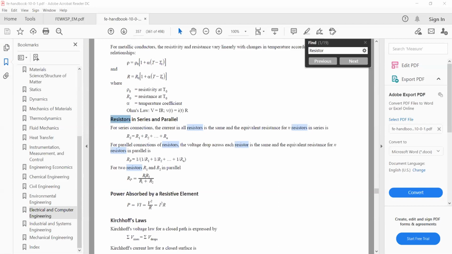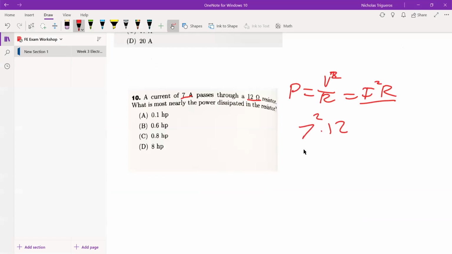But anyway, we would not get the correct units if we were to do this 7 squared times 12, which will give us what, 49 times 12, 588. That's not in the units we want.